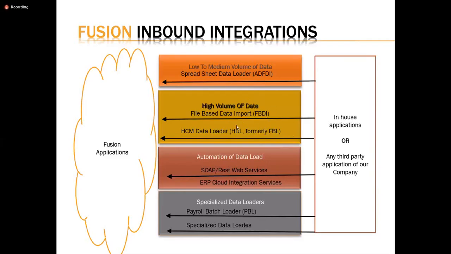Here, when I say file-based data loading, I said we have to create a file, upload it to the Fusion applications, and then invoke the first job to load the data into the interface tables, stage tables, and kickstart the second job to load the data into the base tables. So if you want to automate all these processes, meaning uploading the file, kickstarting the first job, kickstarting the second job, if you wanted to do all these 3 things automatically, with no manual intervention.